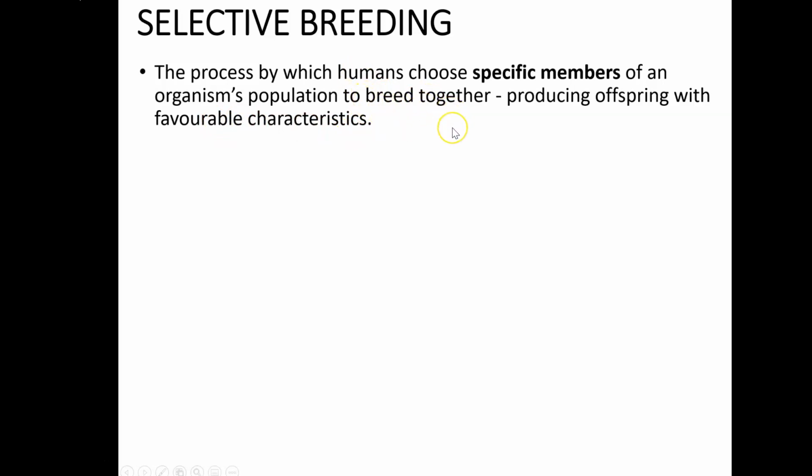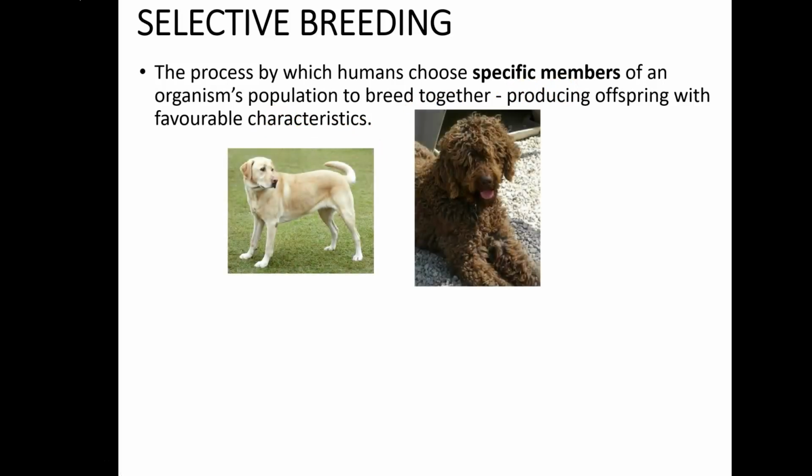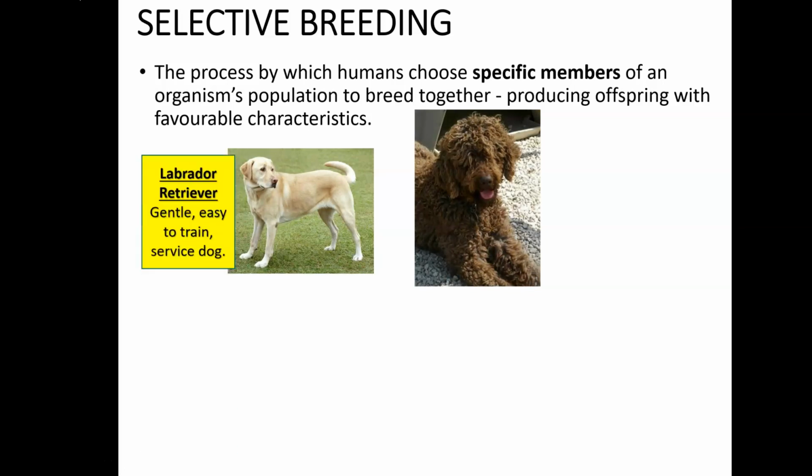They will select certain individuals of a species, animals or plants, that have favorable characteristics, things that are going to be more effective, and they will breed them together to produce offspring with more favorable characteristics or traits. So we've been doing this for many, many years with many different types of organisms. This is an example of one.